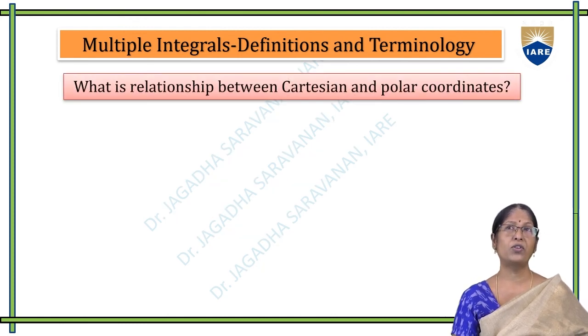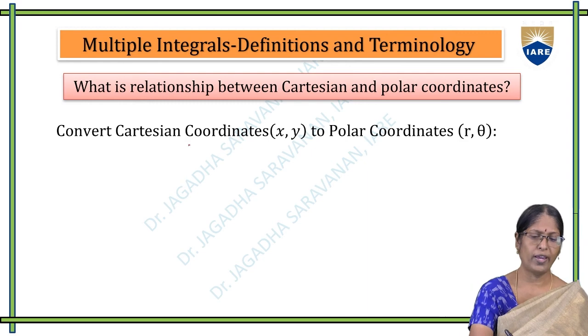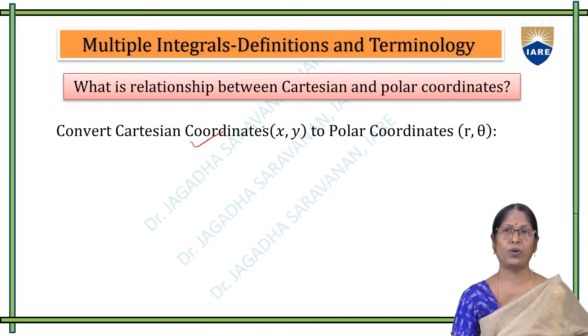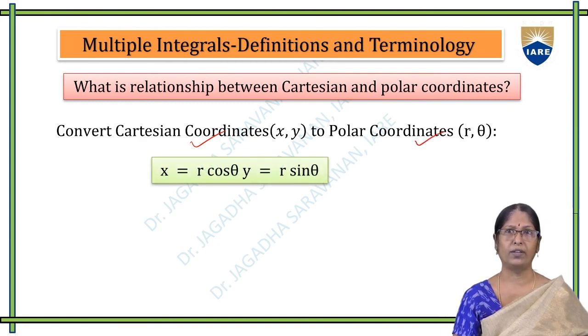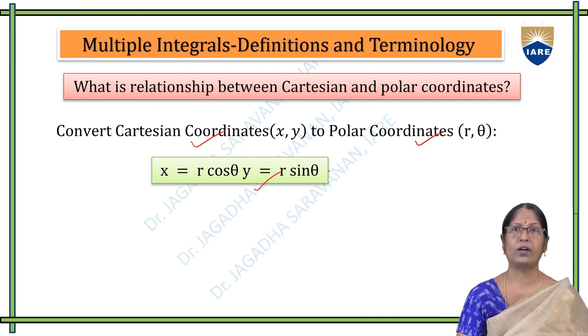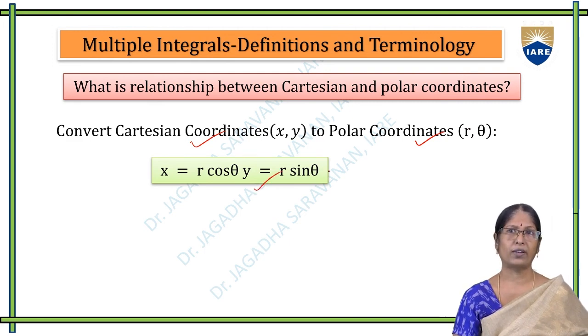Now, what is the relationship between the Cartesian and polar coordinate systems? We can convert the Cartesian coordinates x comma y to polar coordinates r comma theta, taking x equal to r cos theta, y equal to r sin theta. Practically, we converted it using the Jacobian, which we already discussed in detail.